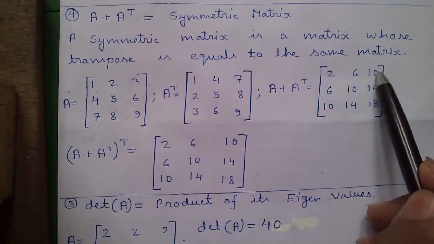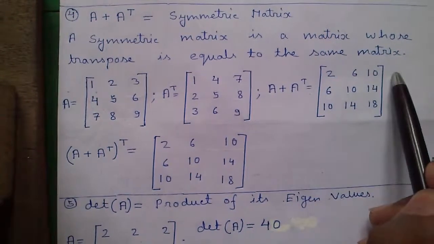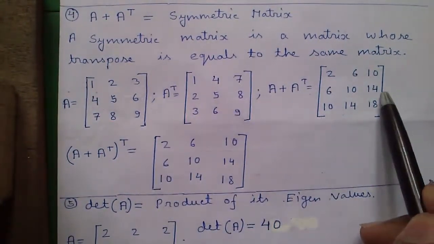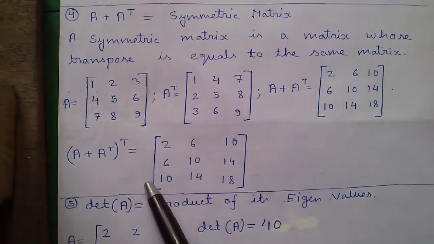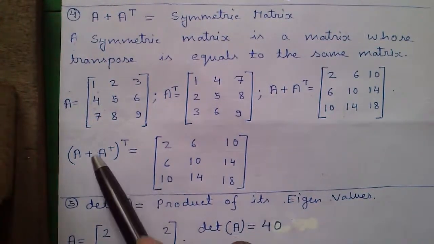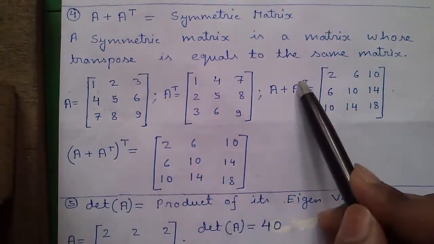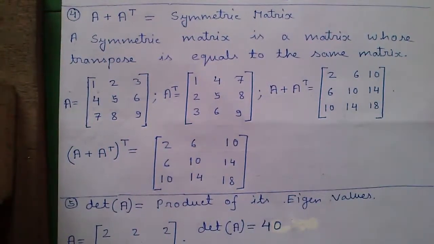You see, 2 6 10, 6 10 14, and 10 14 18. So transpose of A plus AT equals to A plus AT matrix itself.